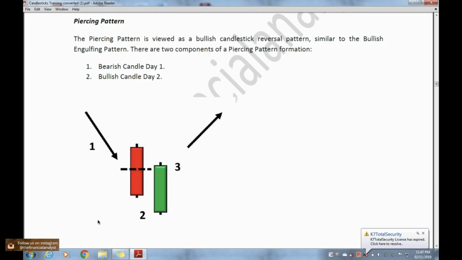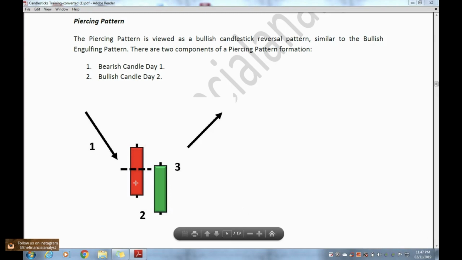So, the piercing pattern is basically a two candlestick bullish reversal pattern. The prices have been falling, there is an extended downtrend, and at the end of the downtrend, we'll see a big red candle. This shows us that the sellers are still in control. The day following, or the second day, will be a bullish day.